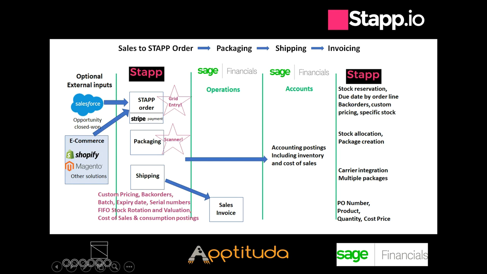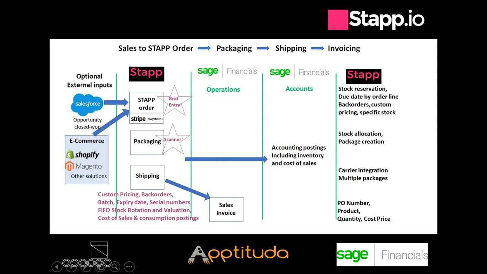As we move through from order to packaging to shipping, the final transaction, when a shipment is moved to either shipped or delivered, will create a sales invoice automatically in Sage Financials.